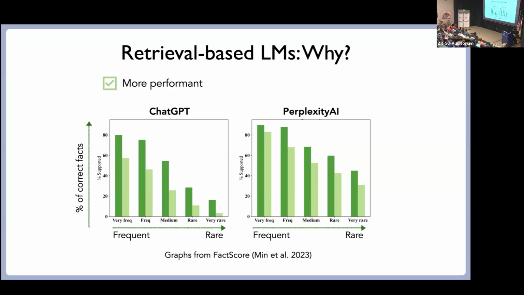There are two graphs, but you can just look at one of them. We can see that for questions about frequent entities, both models are able to achieve a pretty good score. But as the entities become more rare, ChatGPT struggles a lot. Perplexity also struggles, but they're much better than ChatGPT. So when it comes to long-tail entities like this, using retrieval is almost always helpful.